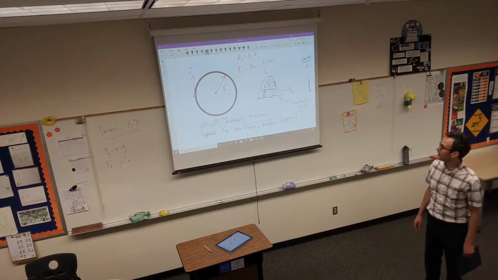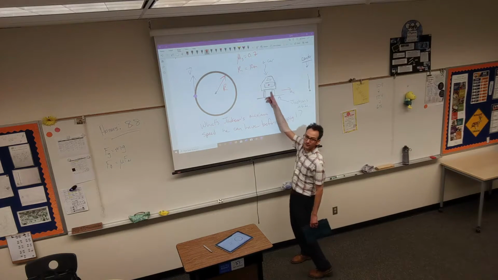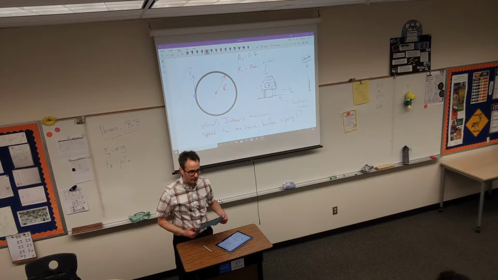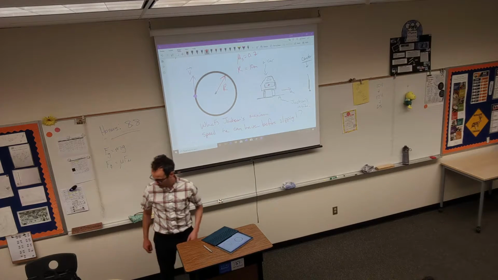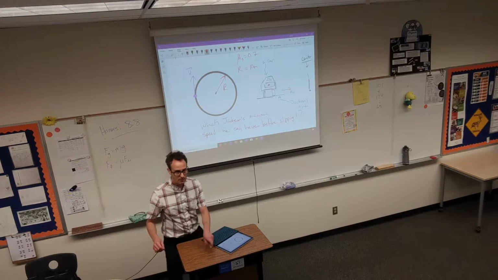So what I want you to do right now is draw a free body diagram of the forces acting on him on this diagram. So make that diagram and then draw the forces acting on him. Please. So are the wheels just not there?